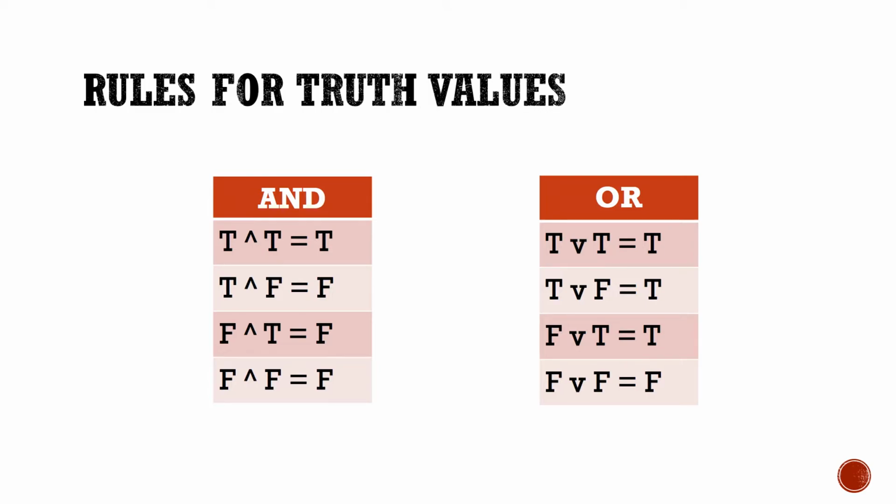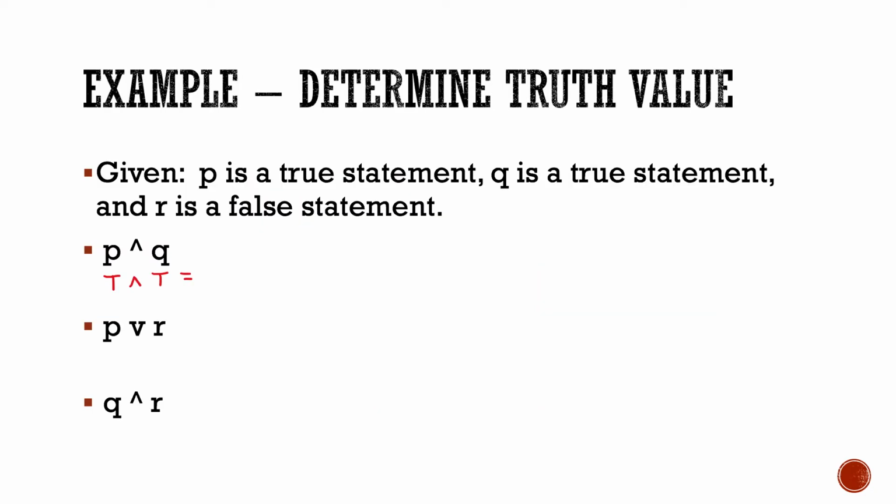I'm going to look for the one that has true in both of the simple statements, and I'm going to note that the answer is true. And so my final answer for P and Q is that that's a true statement.